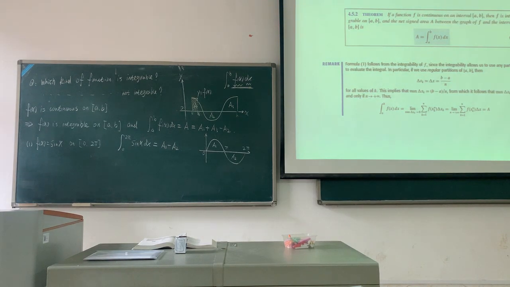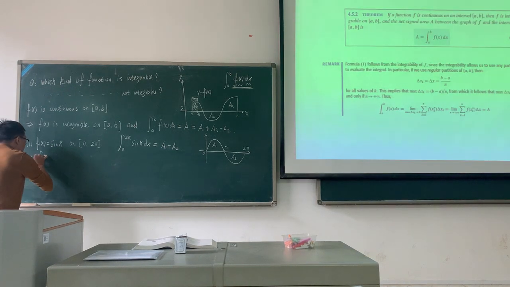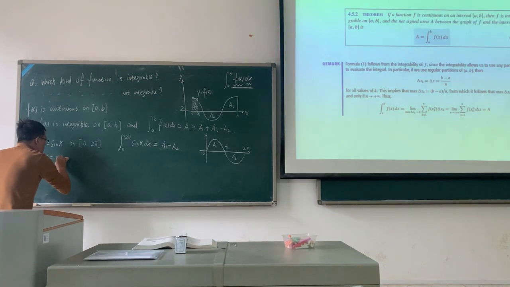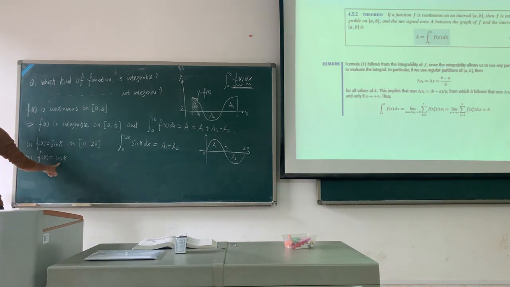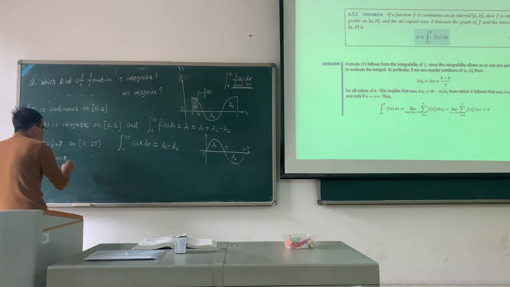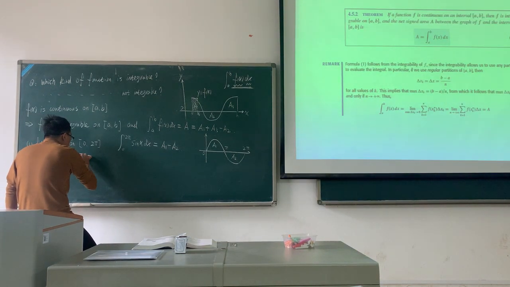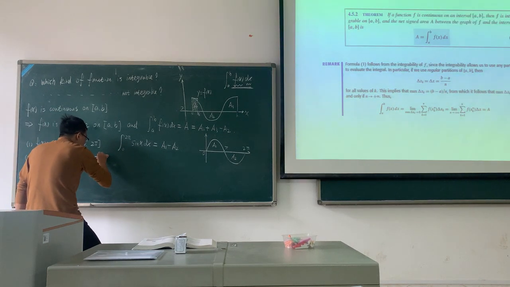For the second example, f(x) equal to cosine x, also on the closed interval 0 to 2 pi.